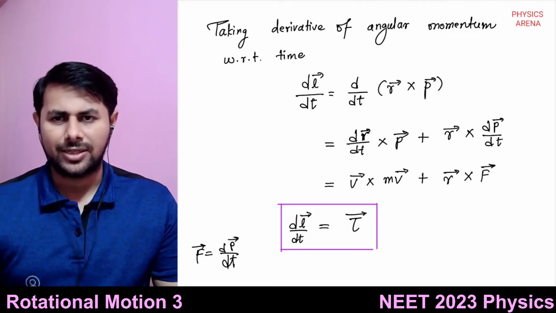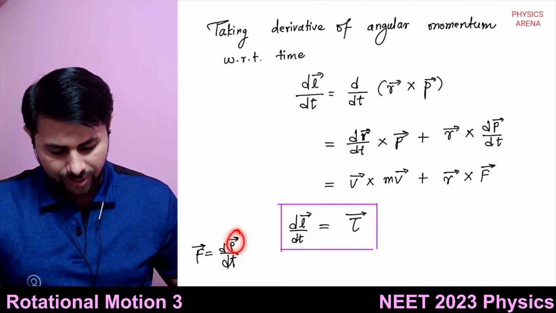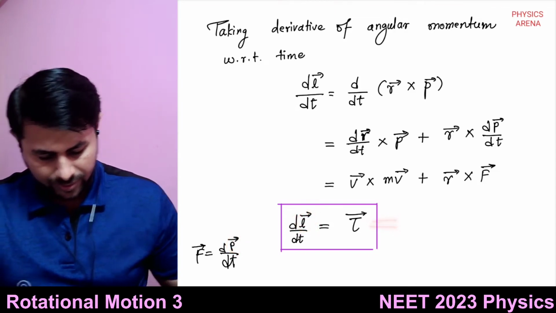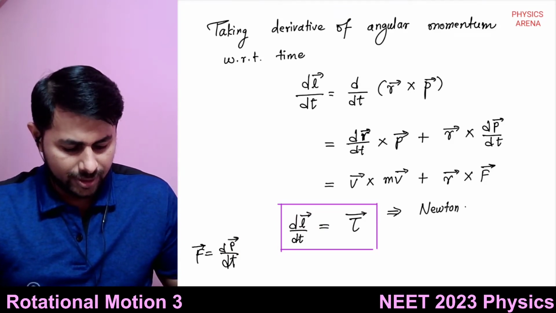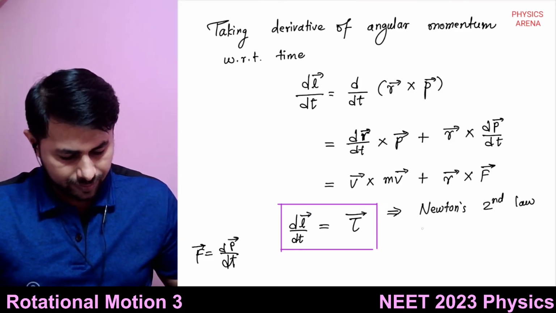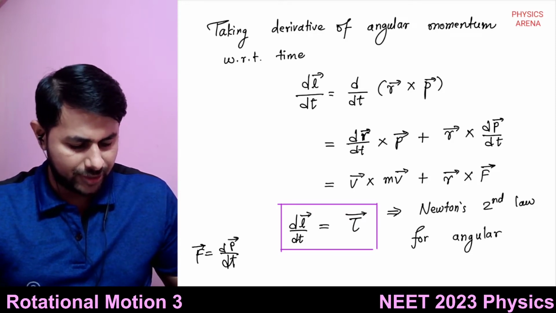Circular motion, you can say, circular motion, angular motion, rotational motion. The analogous quantity of P is L. And what is this then? This is Newton's second law. For which motion? For angular motion or rotational motion, you can say.